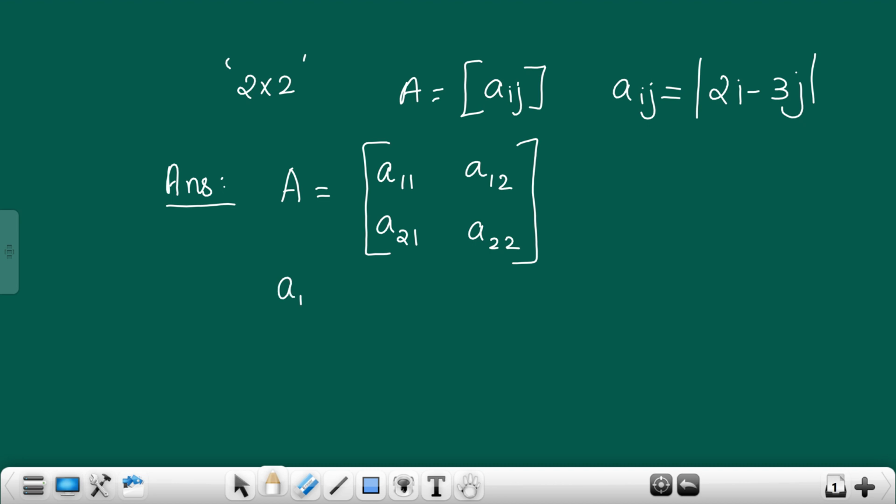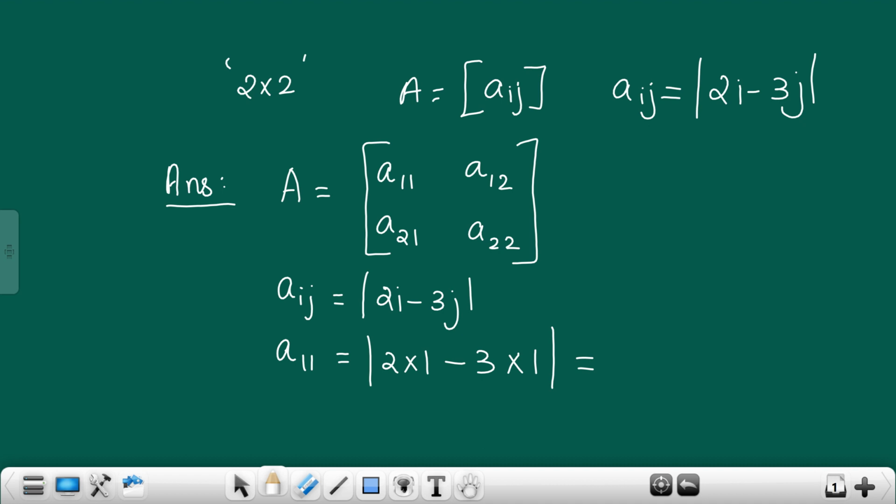Now, Aij is given, Aij equal to modulus 2i minus 3j. Aij is the general element. So, we can easily write A11 as modulus 2 into, we put 1 instead of i, and we put again 1 instead of j.